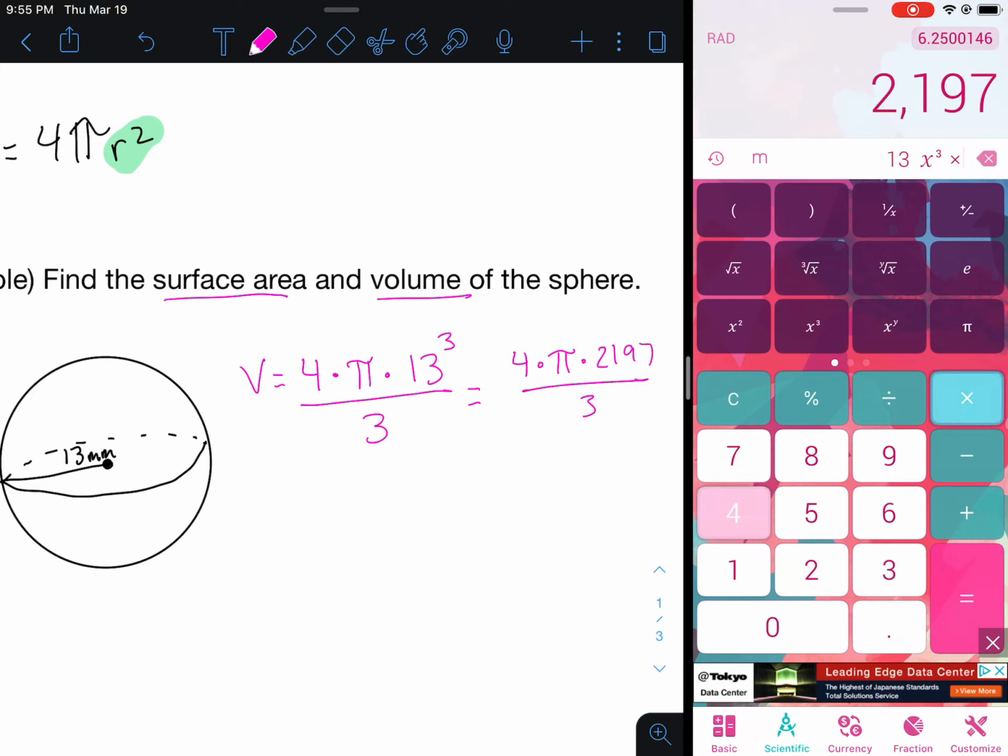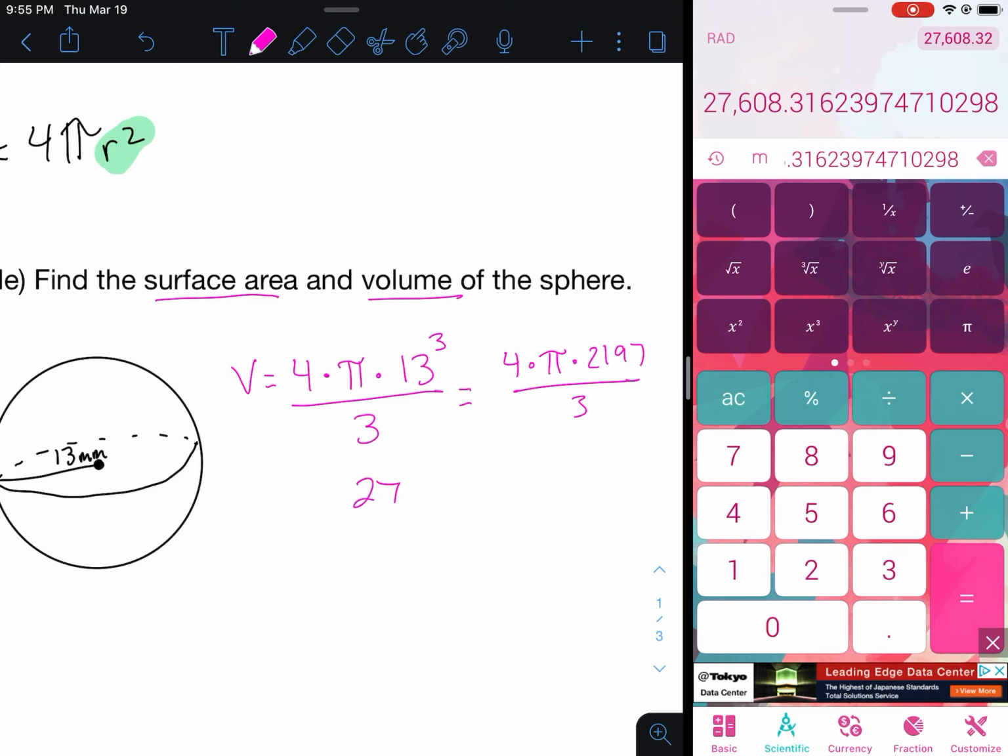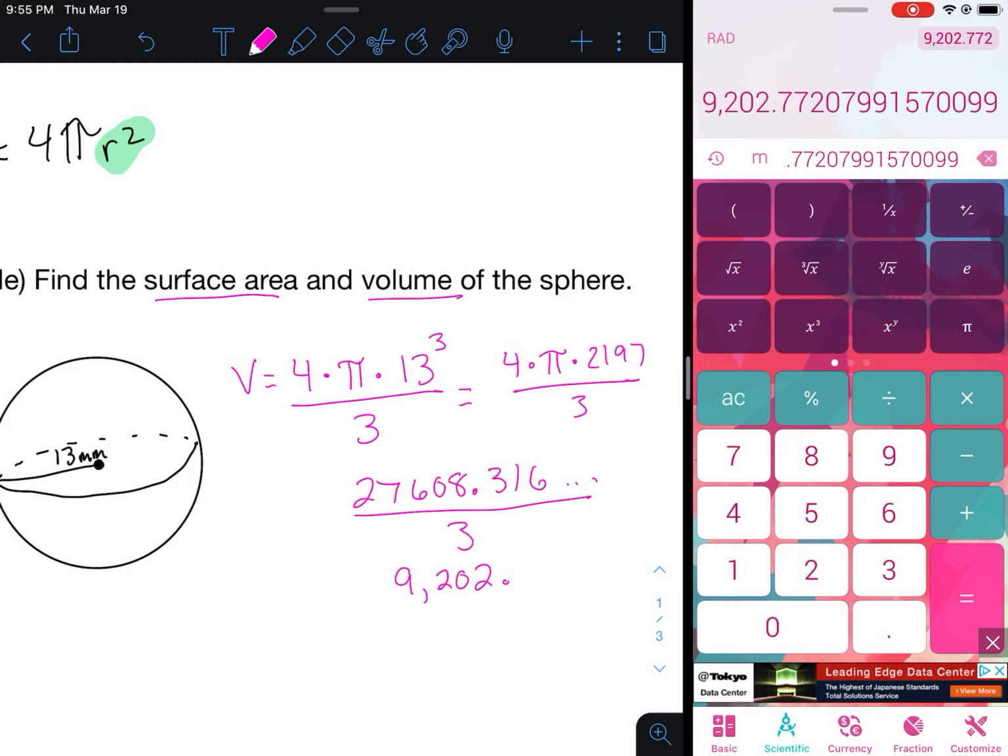So if we take 4 times, again, I'm using my pi button, equals approximately 27,608.316, and so on. I'm going to leave that in my calculator, and then I'm just going to press divide by 3. So I end up getting my volume to be 9,202.77, and we're going to do millimeters cubed.